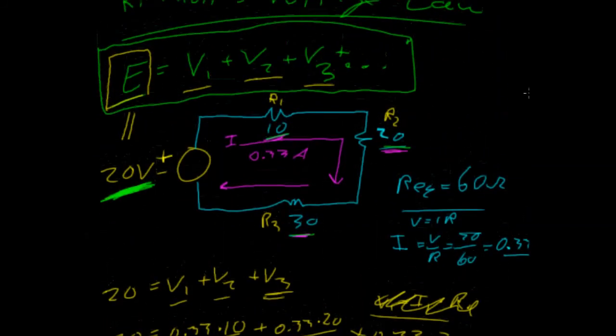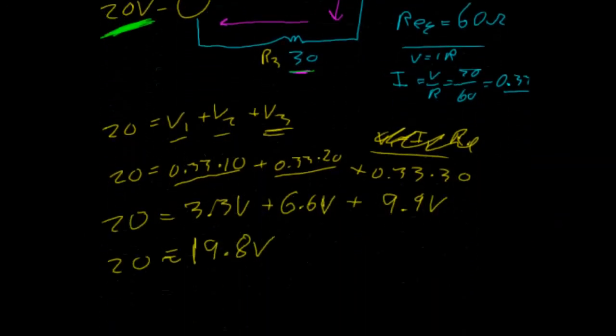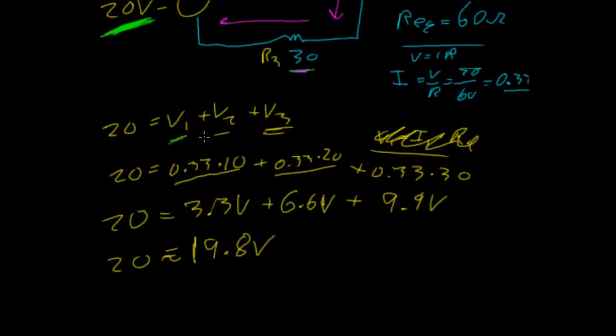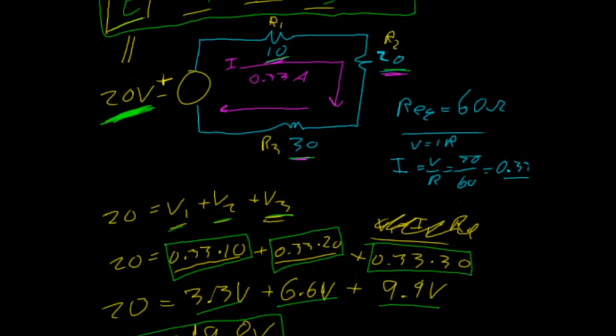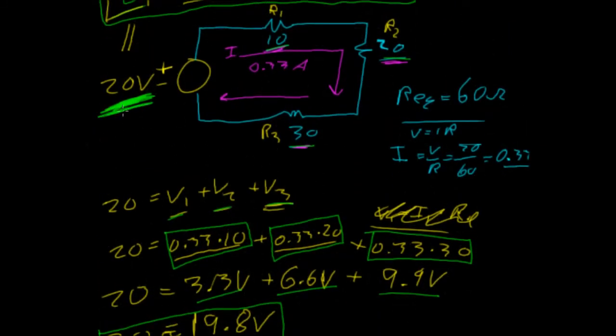And what we did in this example was solve for V1, V2, and V3 by subbing in the two knowns, the resistance and the current, and getting our V1, V2, and V3, which, taking into consideration a little rounding error, is the sum of those three voltage drops is our original power supply voltage.